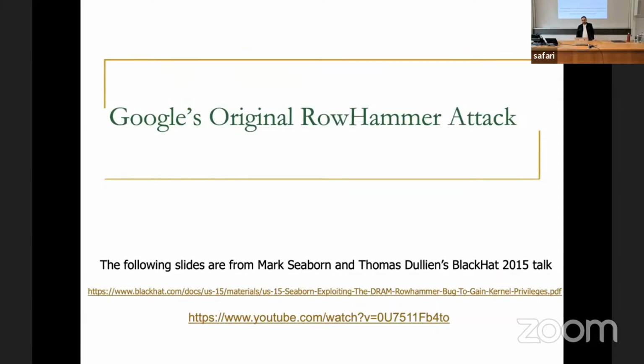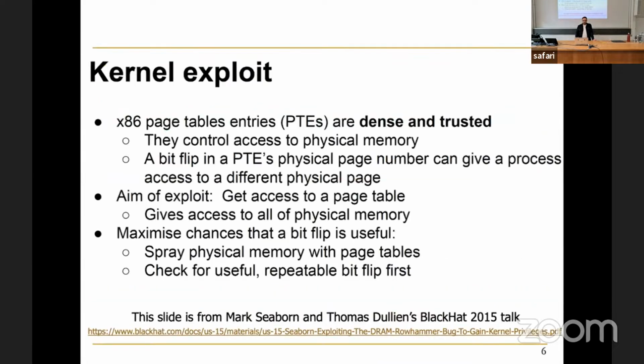The following slides are some slides that we borrowed from the Black Hat presentation of Google Project Zero. They define this as a page table targeted kernel exploit. Page table entries are trusted at the software level, but when we exploit physics, software-level trusted data structures might not be that trusted.